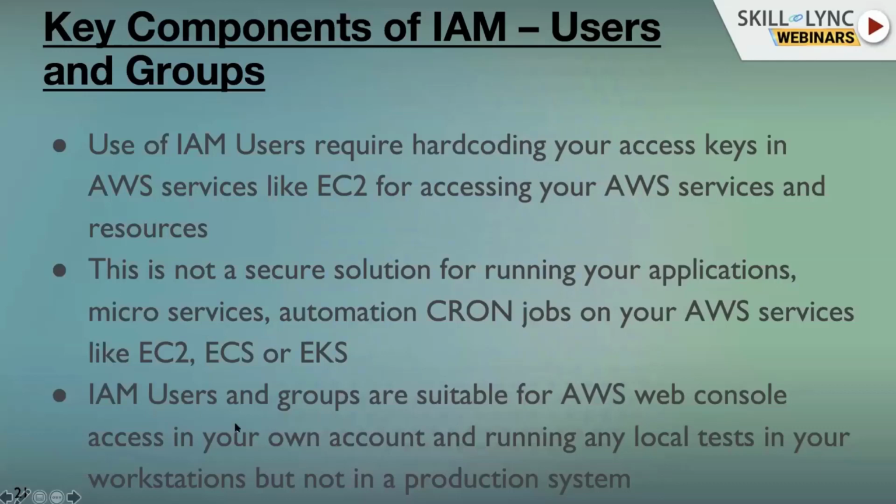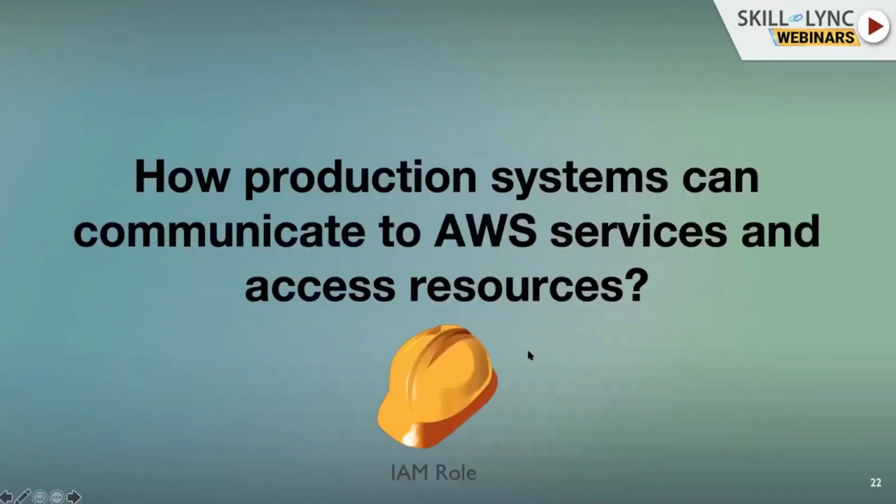IAM role, as I told initially, is specifically for systems to communicate: inter-system communication. One system in AWS can communicate to another system or another service. So how can the production systems communicate to services and resources?